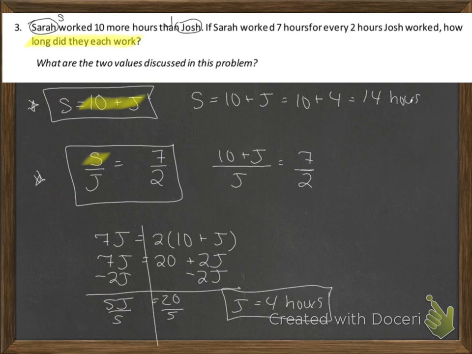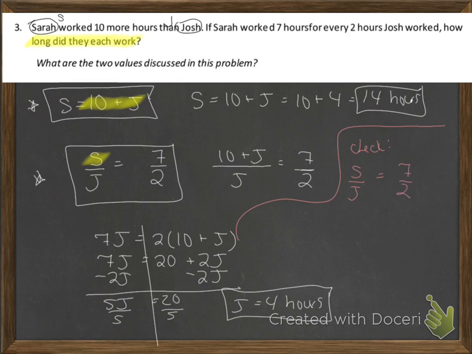Okay, now we're done, right? We found both things that we wanted to. What we could do, if we wanted to, is go through and actually check our work. Okay, so let me show you that real quick. So I could use the other equation. So the other equation is S over J is equal to 7 over 2, right?